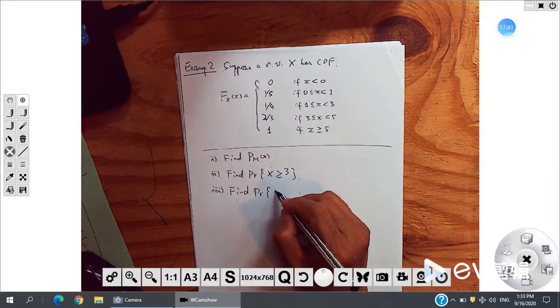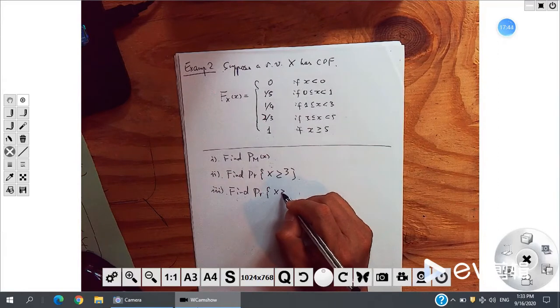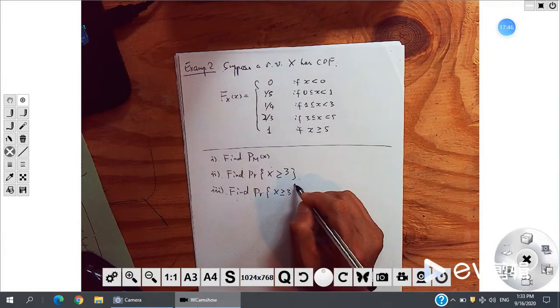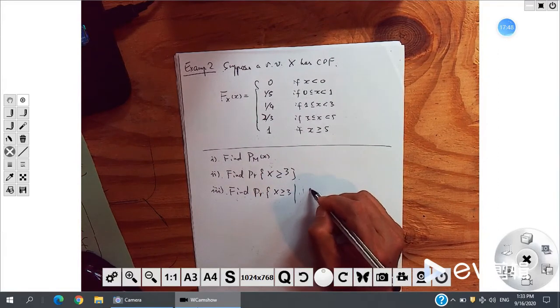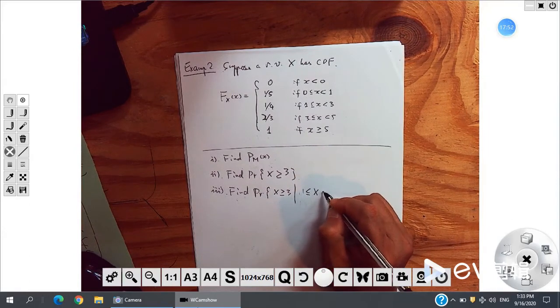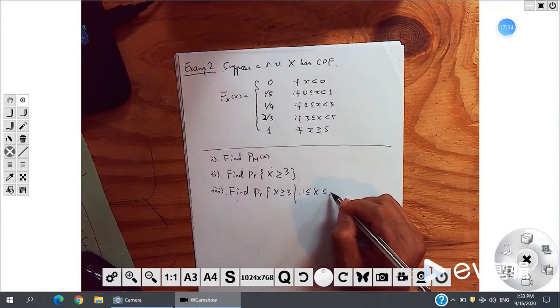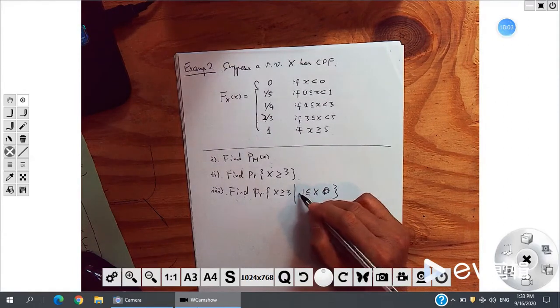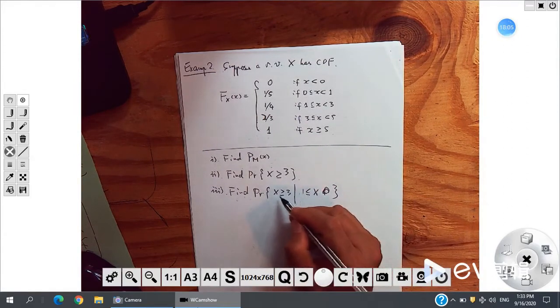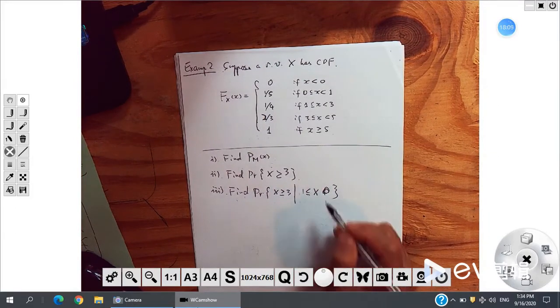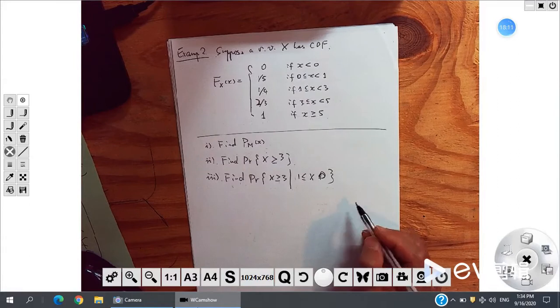I still consider the probability X larger than or equal to 3 under the condition X larger than 1. We want to find this conditional probability.